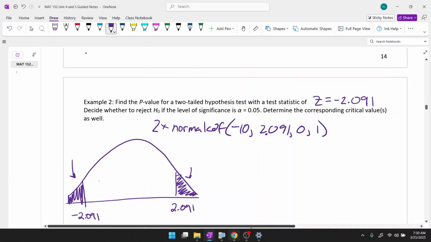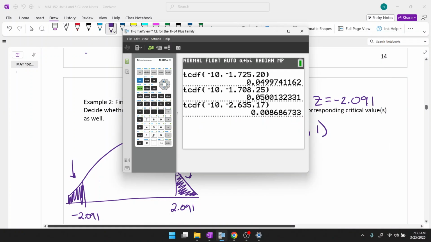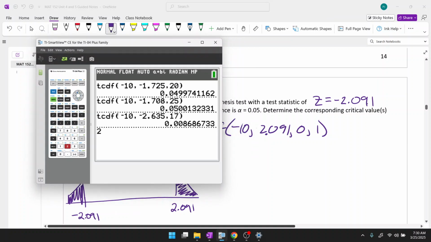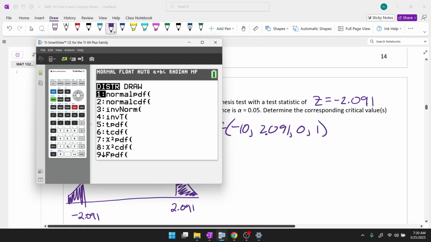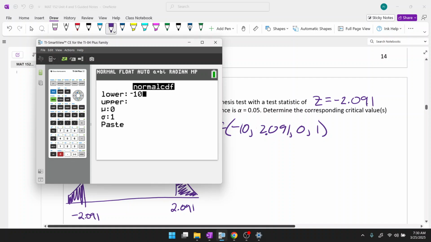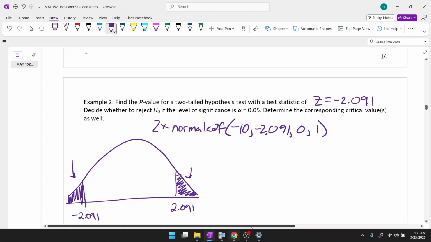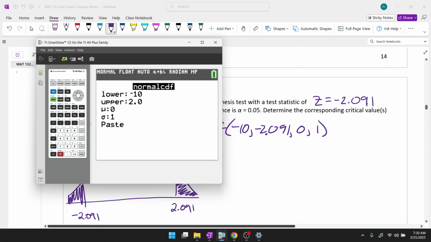So if we go about doing that using our wonderful calculator here, oh, that should be negative 2.091. Good thing we caught that here.